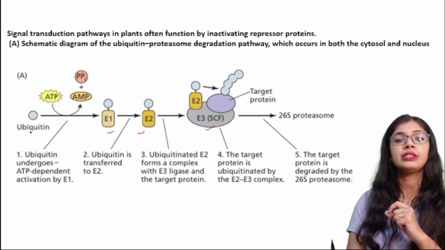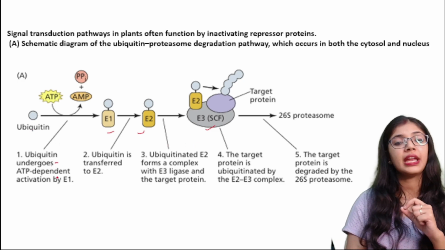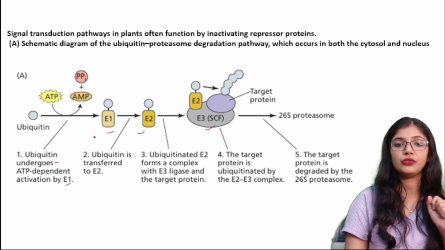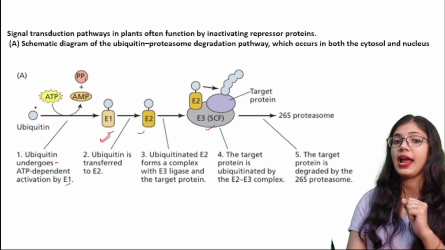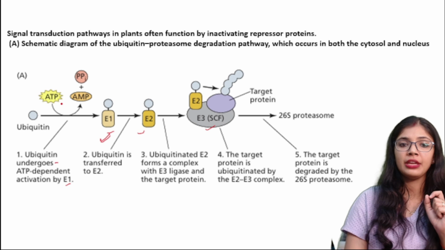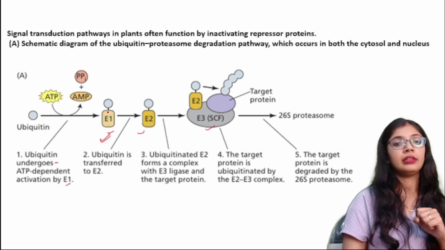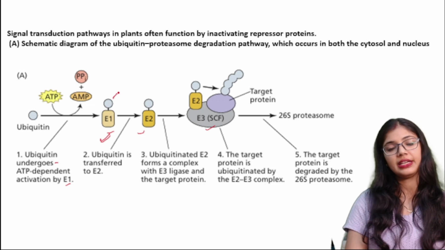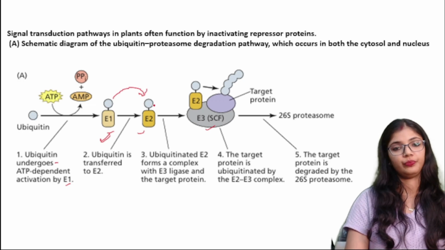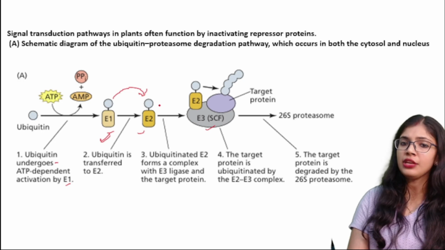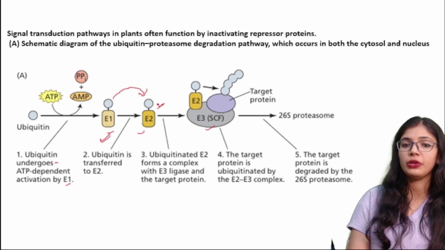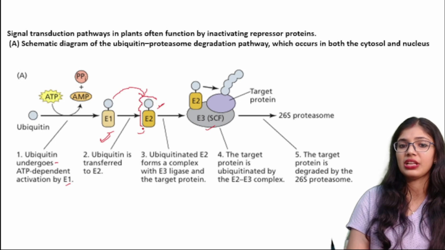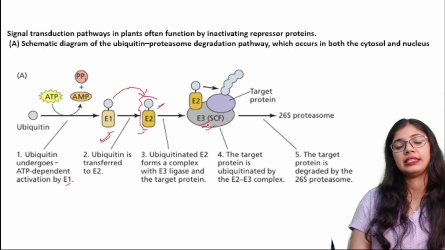This ubiquitin undergoes ATP-dependent activation by E1. E1 is responsible for activating the ubiquitin by utilizing this ATP. Then after its activation, the ubiquitin gets transferred to E2. Now this E2 with the ubiquitin is transferred to the E3 SCF.